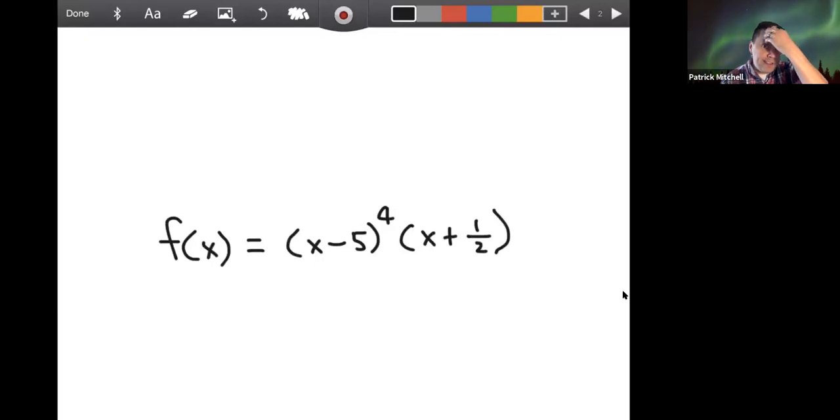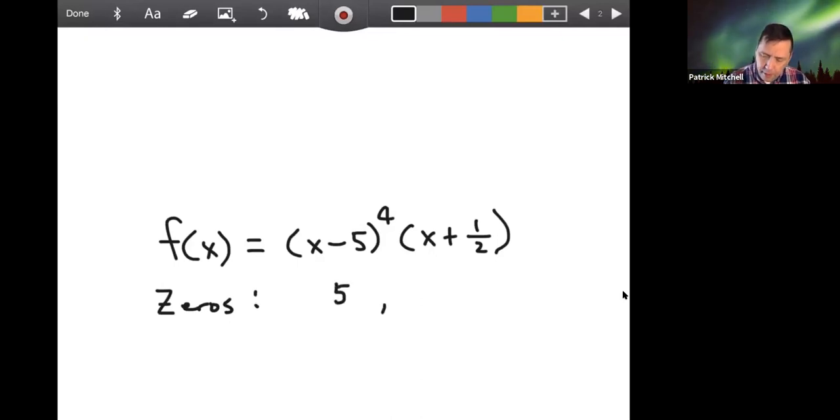So if I were to set this thing equal to 0, hopefully it's clear to you that the solutions would be 5 and -1/2. Okay, those are the numbers that would make this function equal 0.